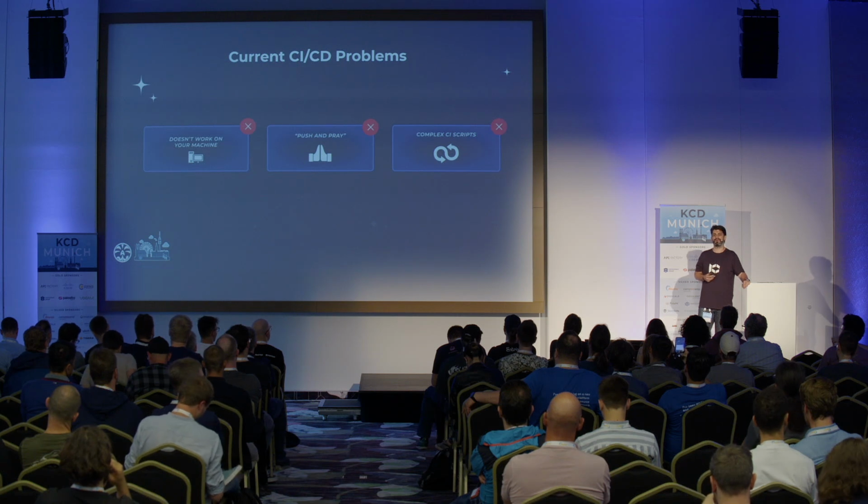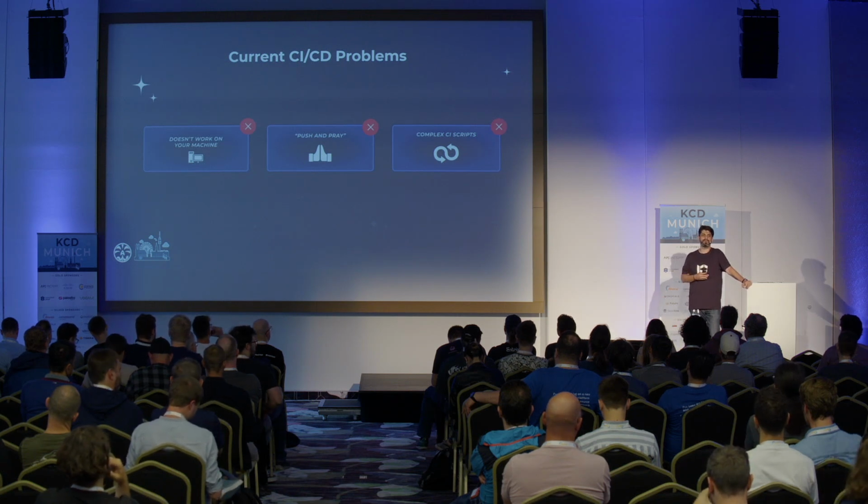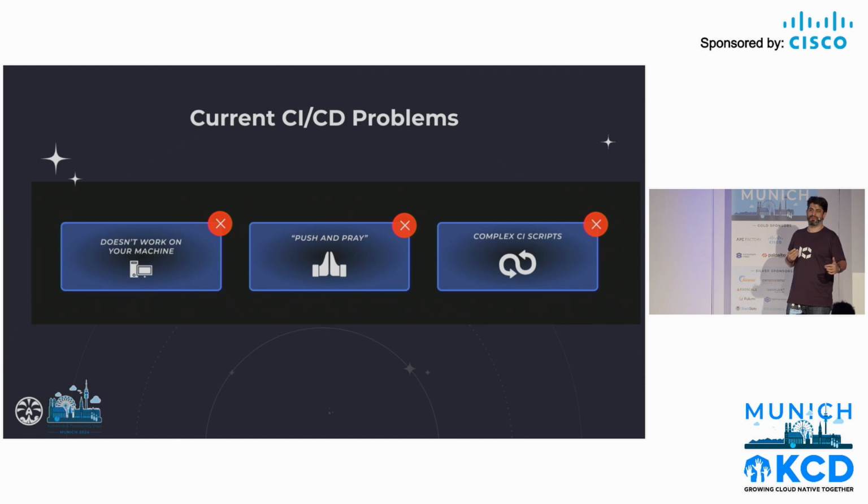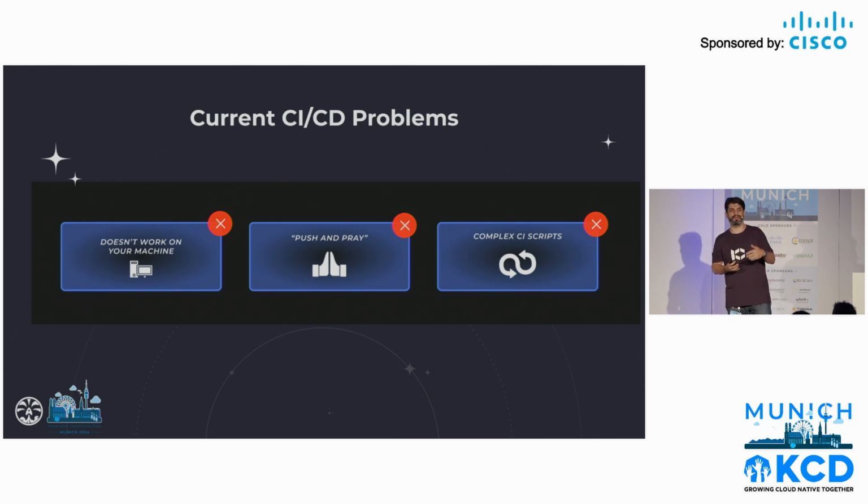You can't test what the pipeline does on your local machine, and you have to push it, and then you see on the GitHub Actions or GitLab pipelines, whichever tool you are using, the pipeline will run, and then either it will be successful or it will fail. So that brings the topic like a push and pray thing. You do the git push and then wait for the pipeline to become successful.